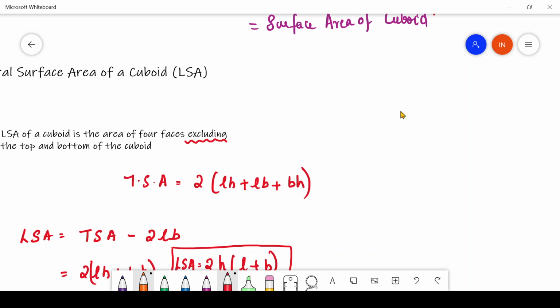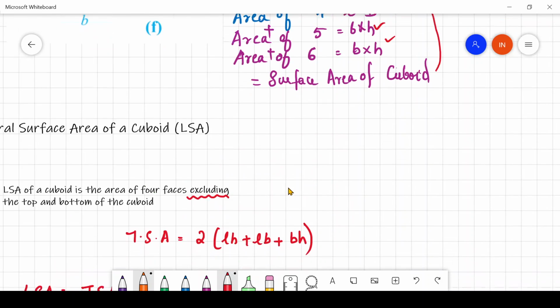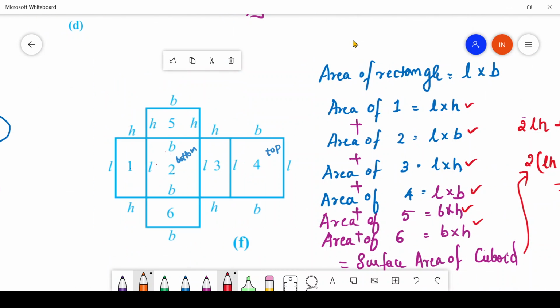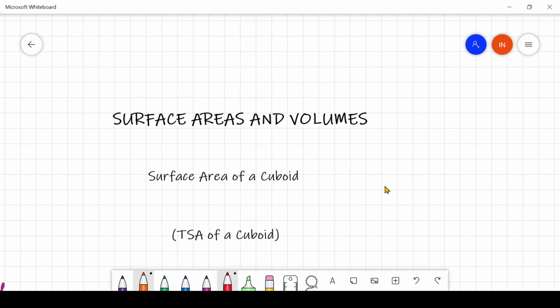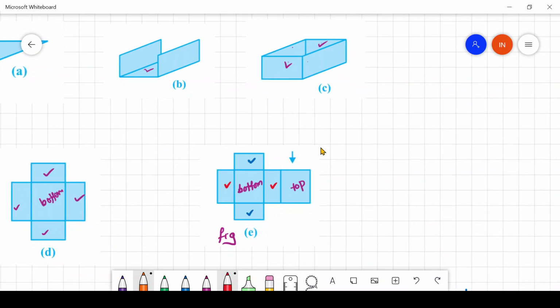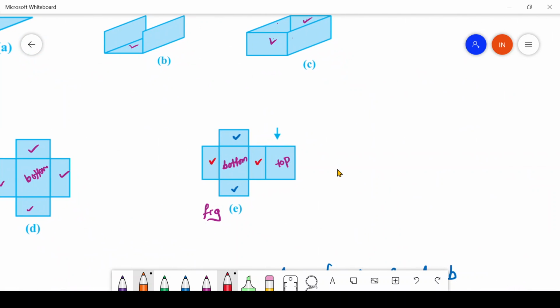So in a cuboidal shape, let me show you one cuboidal room, how it is opened. You can see this picture. We are not going to paint the flooring, right? So at that time we have to exclude the bottom part of this. That means we are not going to paint the flooring.